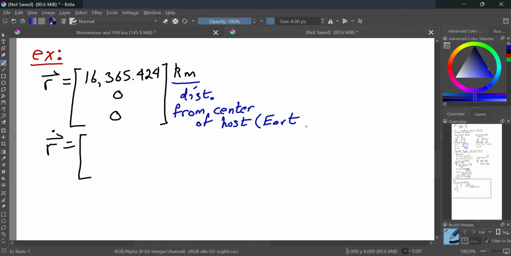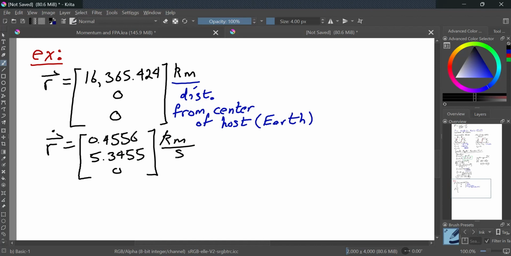I really put down a closed parentheses thinking it was an H. Great job, me. Our velocity, carrying on like nothing happened. It's in kilometers per second. Fantastic.